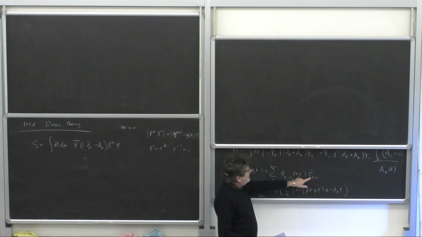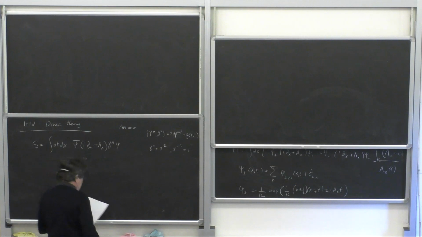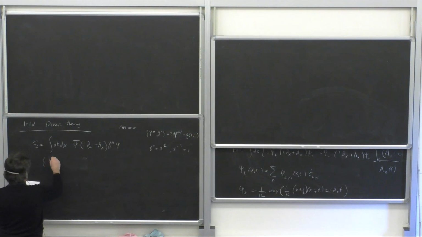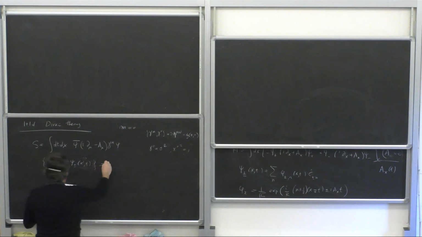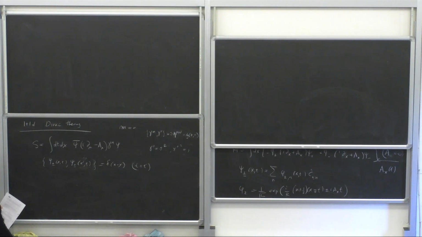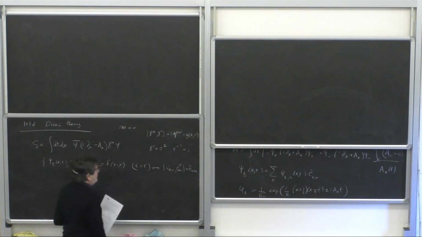You assume creation and annihilation operators and get the commutation relation, which is canonical quantization: the anticommutator of psi plus or minus of x, t and psi plus or minus of x prime, t equals delta of x minus x prime, and the others are zero.